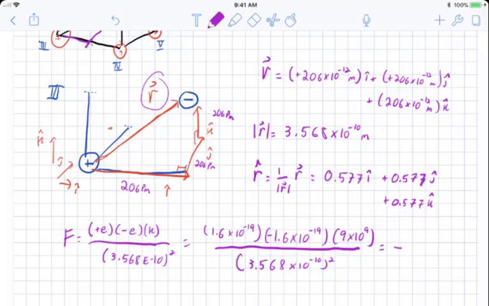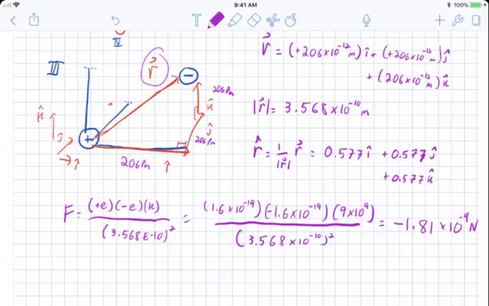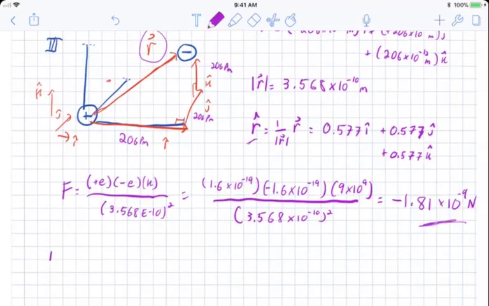And you get 1.81 times 10 to the minus 9 newtons. Guess it's going to be a tiny force. That makes sense? They're tiny. Okay, so now we're going to combine this information with this information to figure out the force from 3.